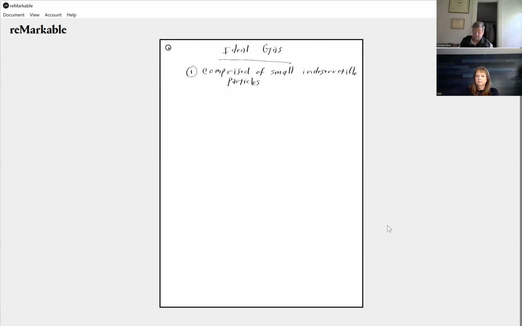Ironically, this is the exact same way that Dalton's atomic theory started. And of course, this is absolutely true. They're comprised of atoms or molecules or some combination of the two.